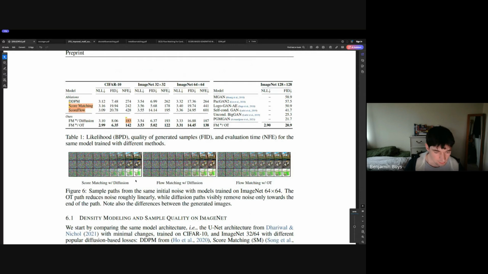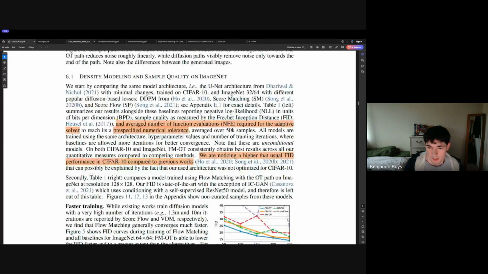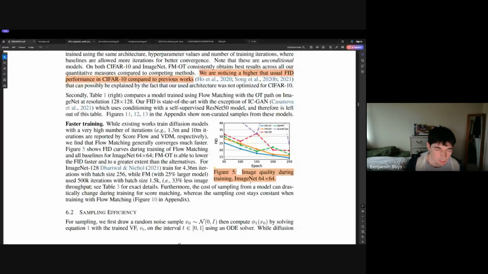So maybe that's a good point to go into the experiments of the paper. There are two main experiments, one for training time and one for efficient sampling. And this is the training time. The idea is that the target that the neural network is trying to predict in this regression, in the learning objective, is smoother.